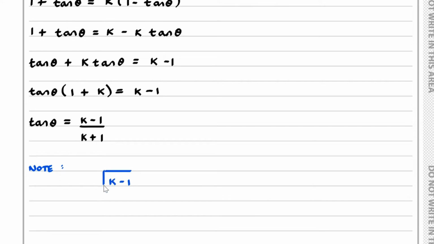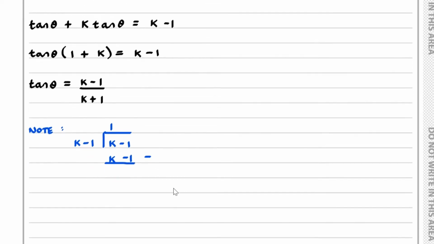So using algebraic long division, k divided by k is 1, and 1 times k plus 1 is k plus 1.